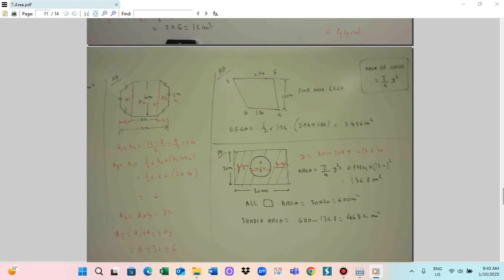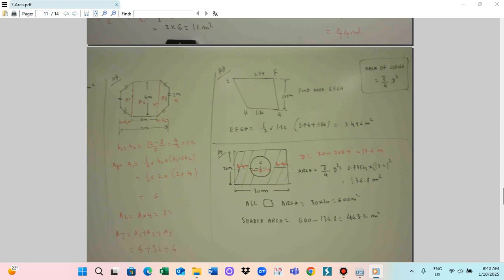Overall area, you can also calculate the rectangle area. Base multiplied by height, so 30 multiplied by 20, you get 600 meter square. So then you get the shaded area. Shaded area is overall minus the circle.